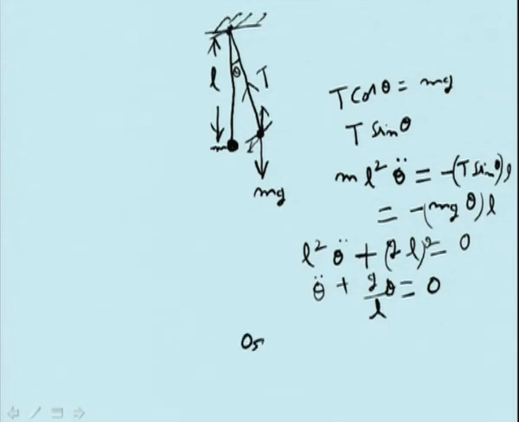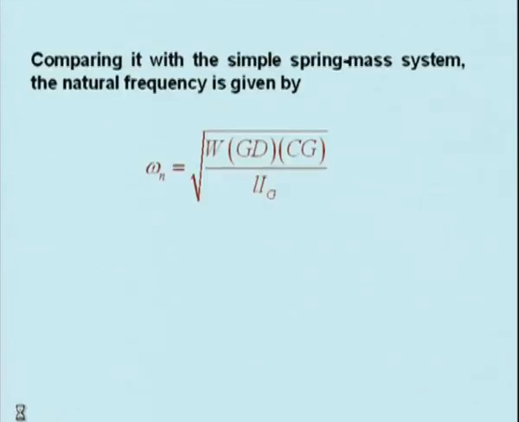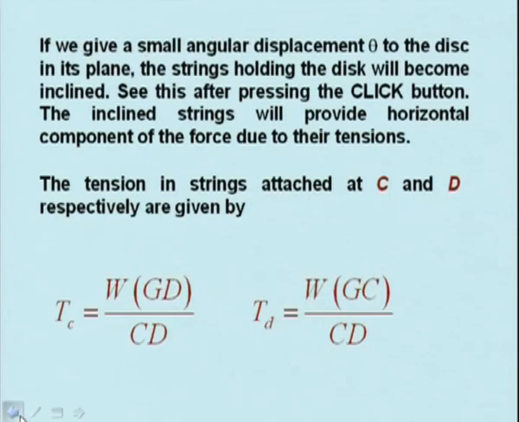Comparing this system with m x double dot plus kx equal to 0, we get omega n is equal to under root g by L. So the assumption involved here is that theta is very, very small. That's why we could write T cos theta is equal to mg, and we will be able to get the simple harmonic motion. Now discussing compound pendulum.